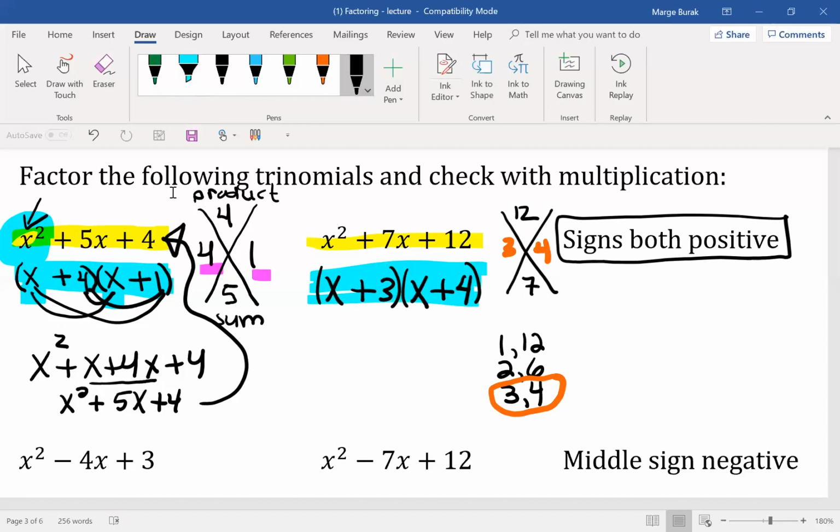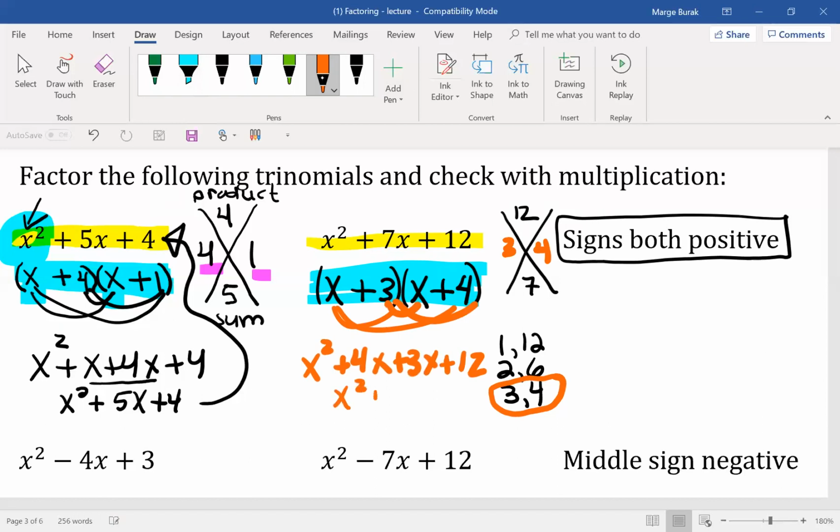And you can check that with multiplication: x times x, 4 times x, 3 times x, and 3 times 4. Then combine your 3x and 4x, and you get the trinomial you started with. Check.